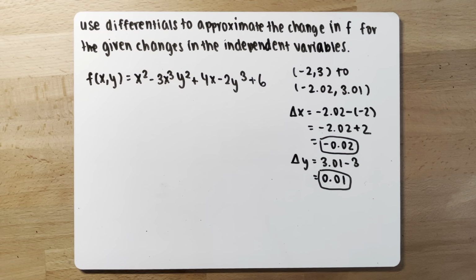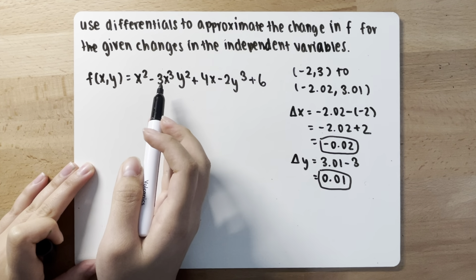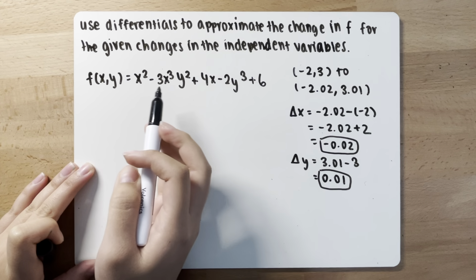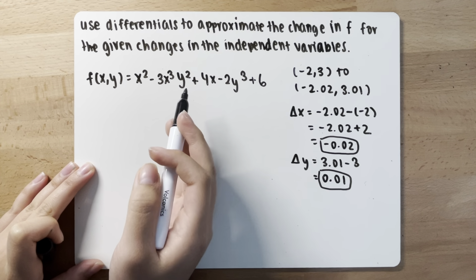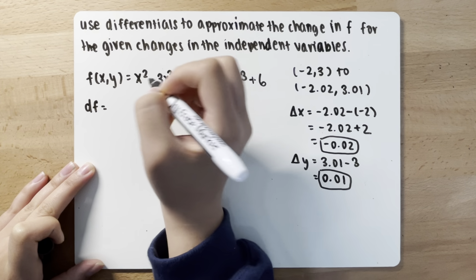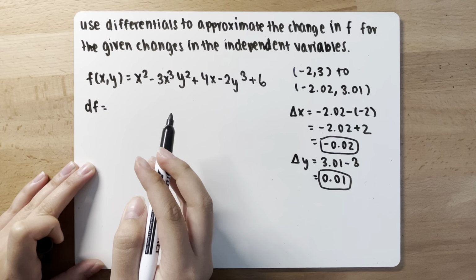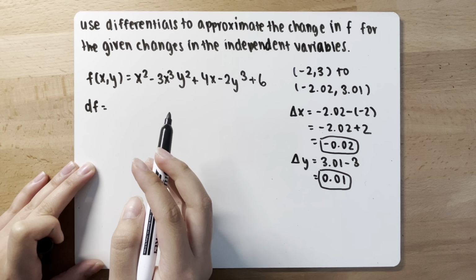Now, the next step is to take the derivative of this function in terms of x and add it with the derivative of this function in terms of y. So to do that, begin by finding the derivative in terms of x. With x, you will regard y as a constant.